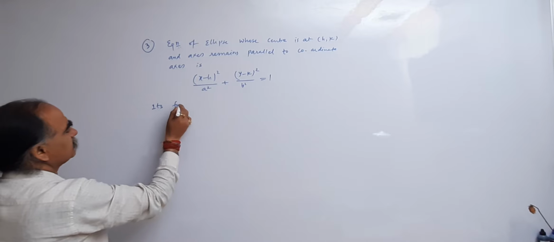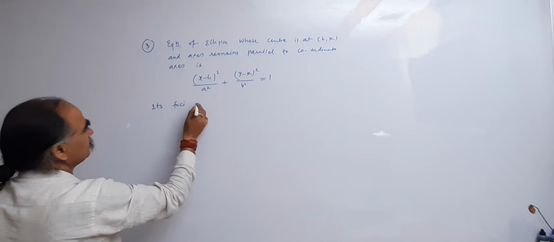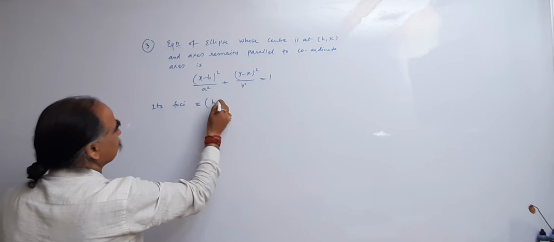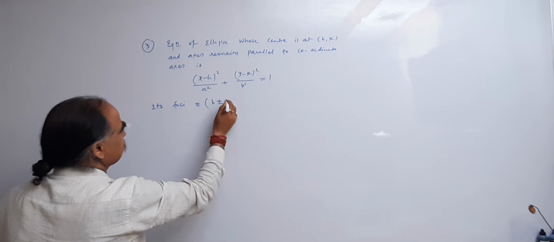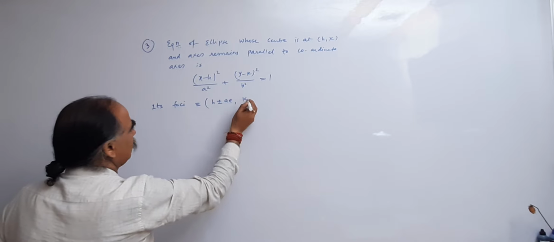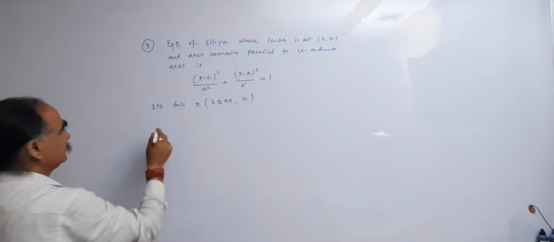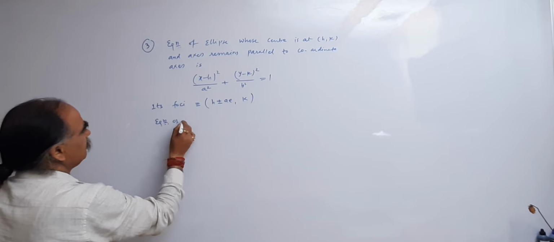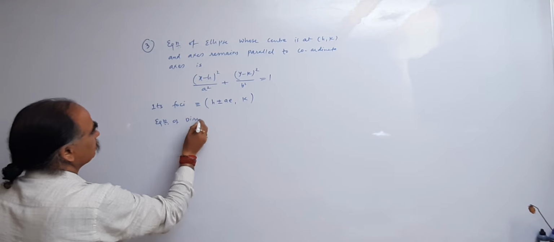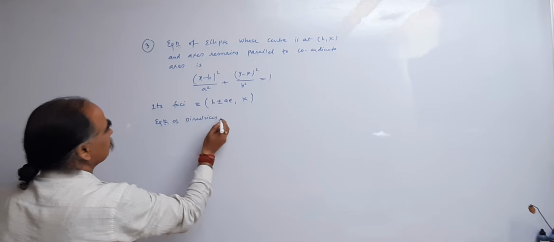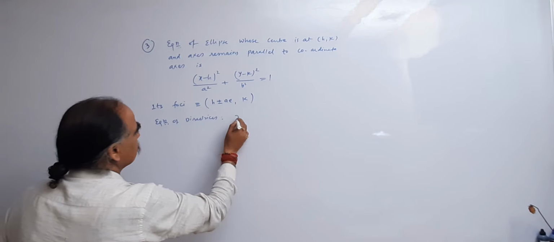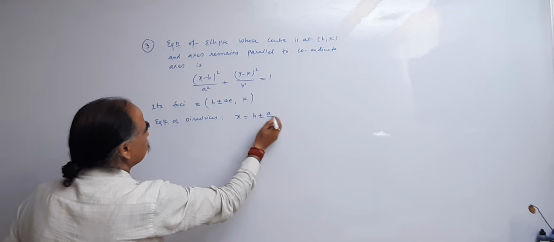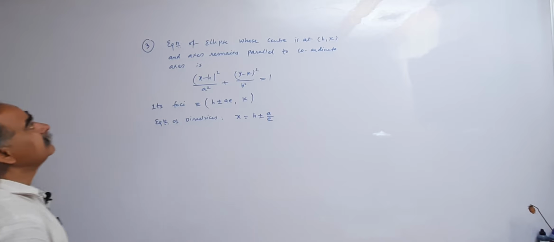Its foci are (h plus minus ae, k). Equation of directrices: x is equal to h plus minus a by e.